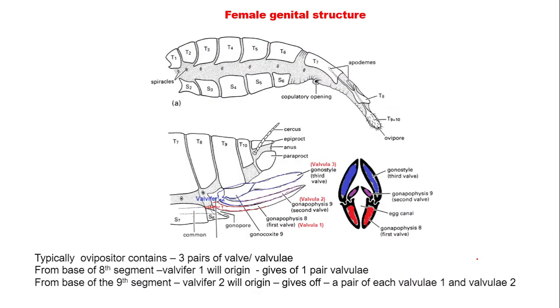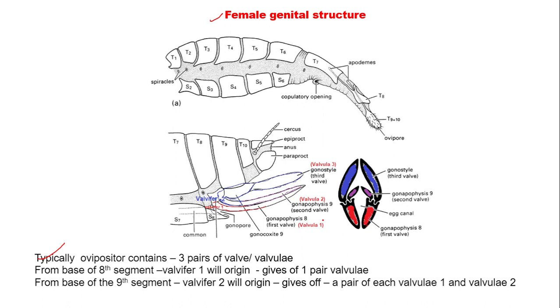Now we are going to see the female genital structure. The female genital structure is situated on the ventral side of the 8th and 9th abdominal segments. The female genital structure or ovipositor contains three pairs of valves or valvulae.